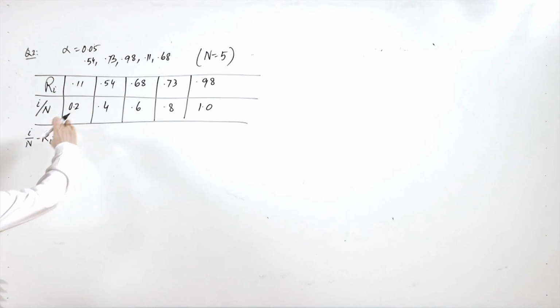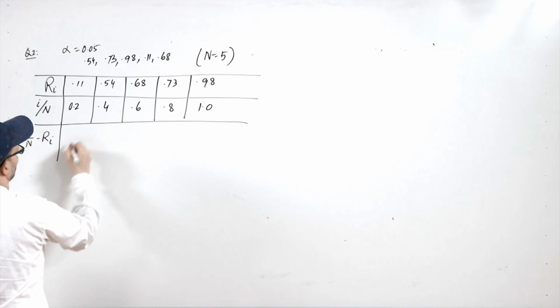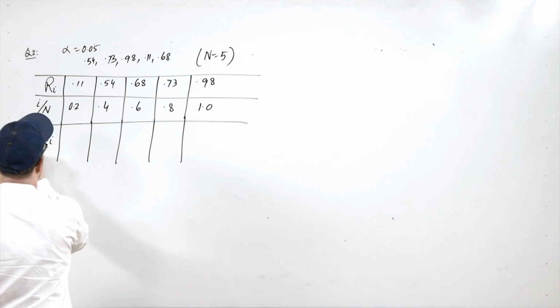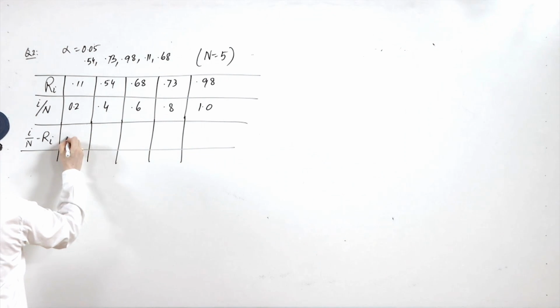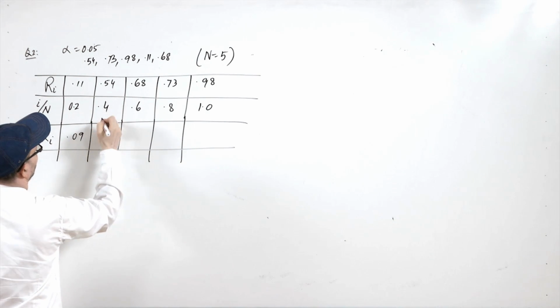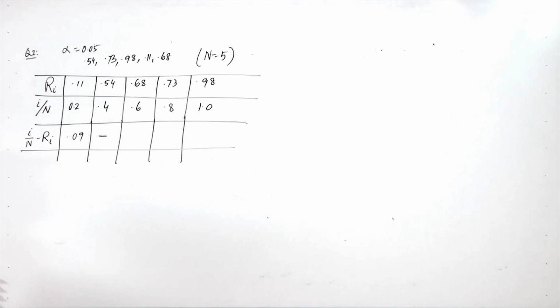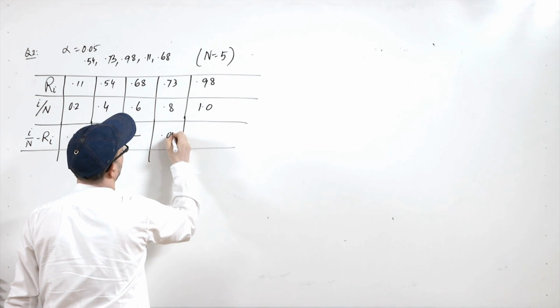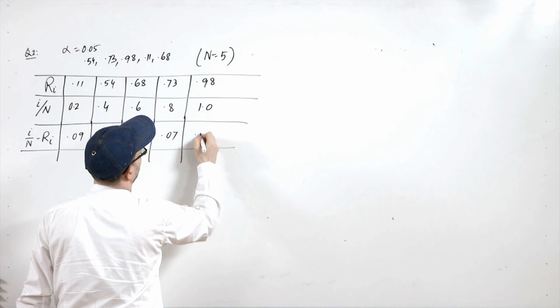So, we take the difference of this minus this, that will be 0.09, then a negative value which we are not taking, then again negative, then 0.07 and 0.02.